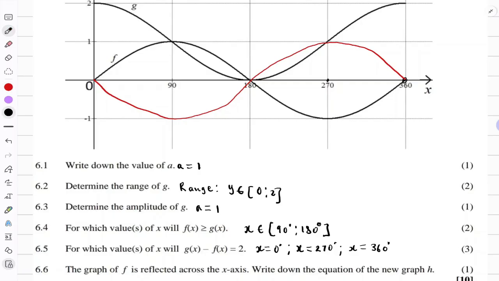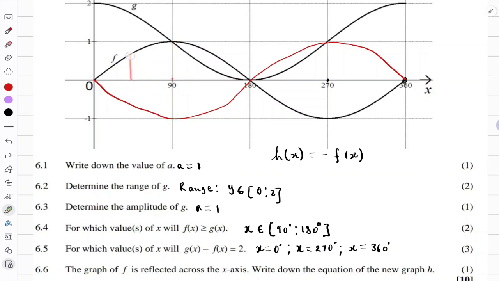So for this to be possible, h of x has to be equal to all y values multiplied by negative 1. So it's minus f of x. So for example, when f of x is equal to 1, h of x has to be negative 1.